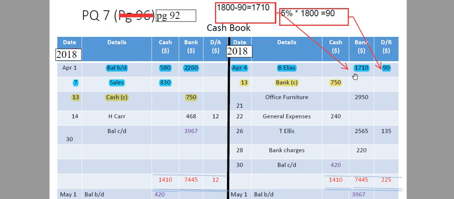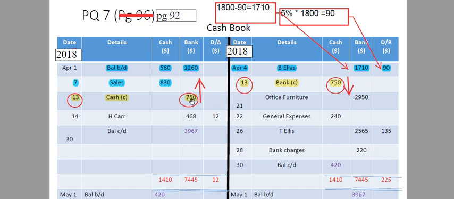So your cash is decreasing by 750, and your bank increased by 750. And you see the dates are the same on both sides and the numbers are also the same. So this is one of the counter entries happening on the same day, $750 and $750. Okay, so this is a particular one you have to make a note of. This is a counter entry, cash decreasing and bank increasing.